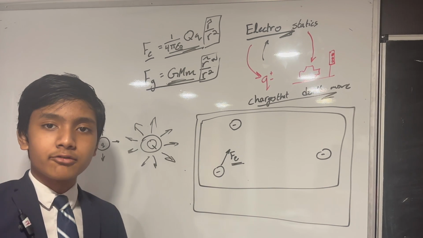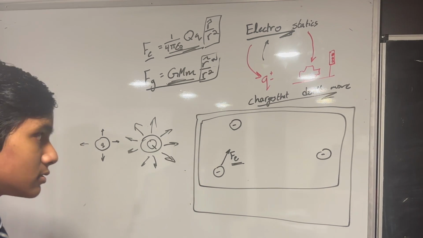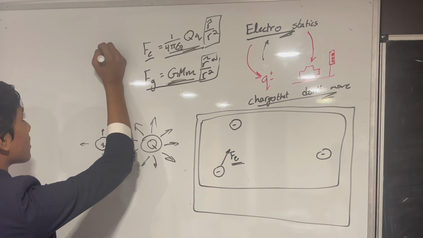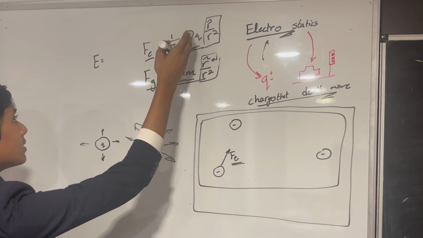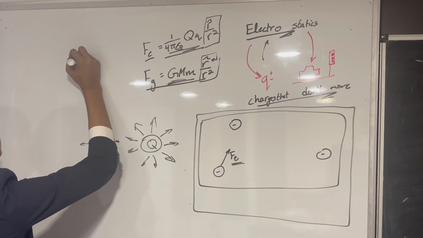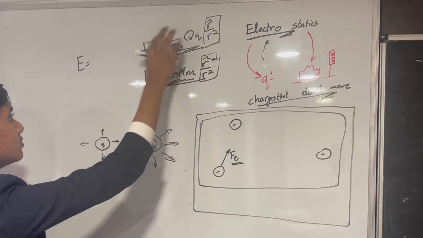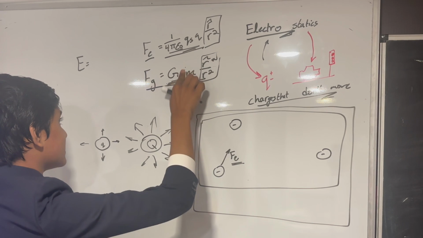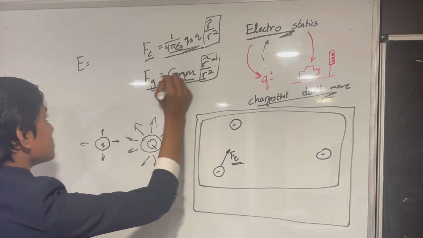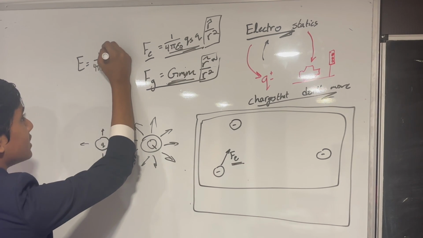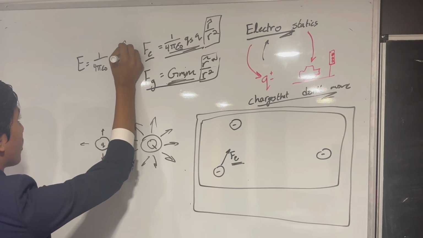But what is the electric field, actually? Well, the electric field is just the same formula, but without the charge of the source. So this is equal to, actually I should write this as Qs, and similarly this is Ms. So E is just 1 over 4 pi epsilon naught Q r hat over r squared.